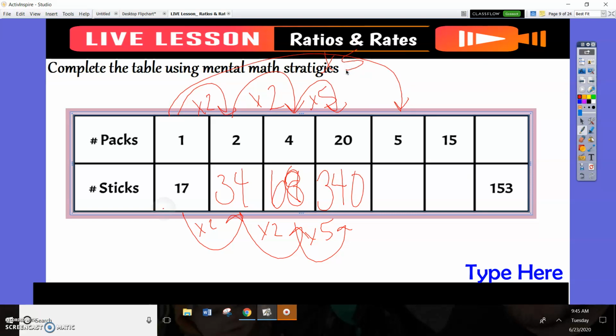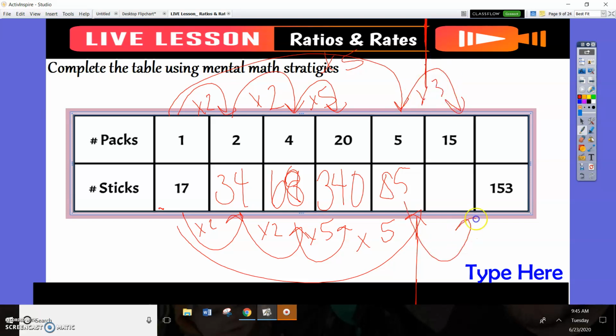So if I look at this original amount, 17 times 5 would give me 85. Okay, so from here I can go to 5 times 3 is 15. Well, 85 times 3 is going to give me 255.